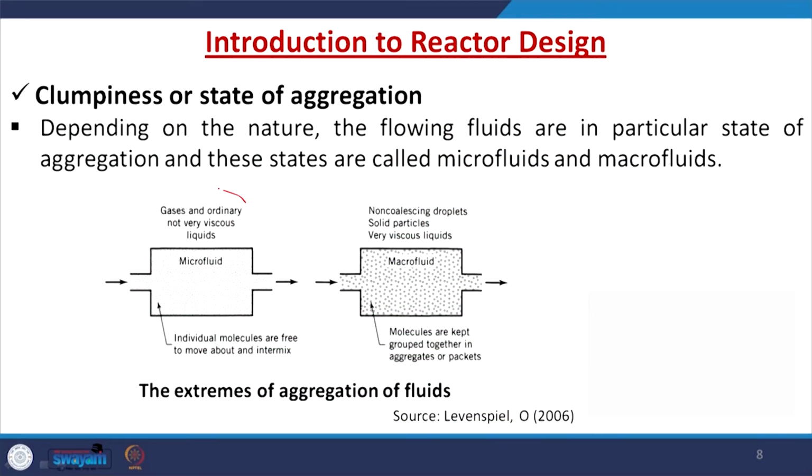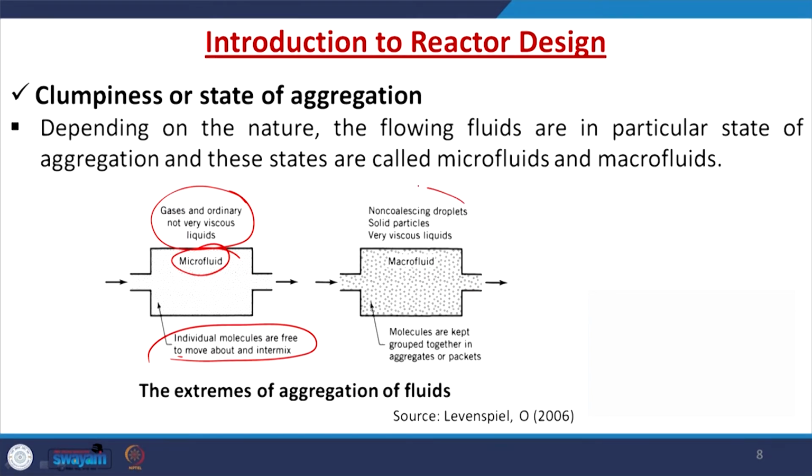This is a gas and ordinary system, which are not very viscous in nature, and they are introduced, and you may experience that individual molecules are free to move, and sometimes you may see the intermixing of all these molecules. Now in this particular figure, this is the approach of a microfluid.